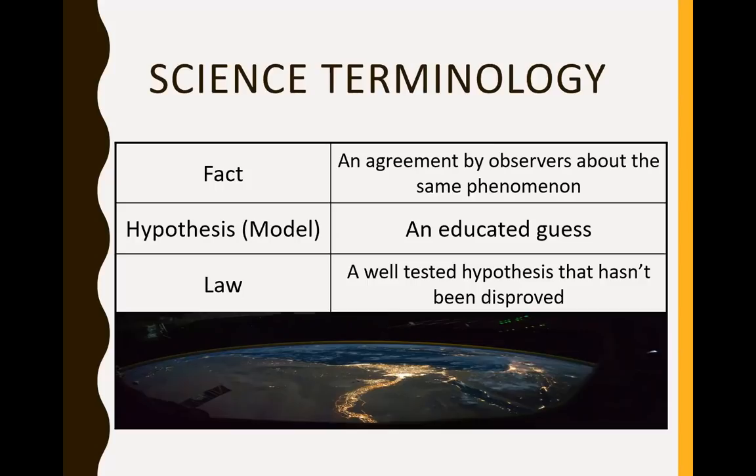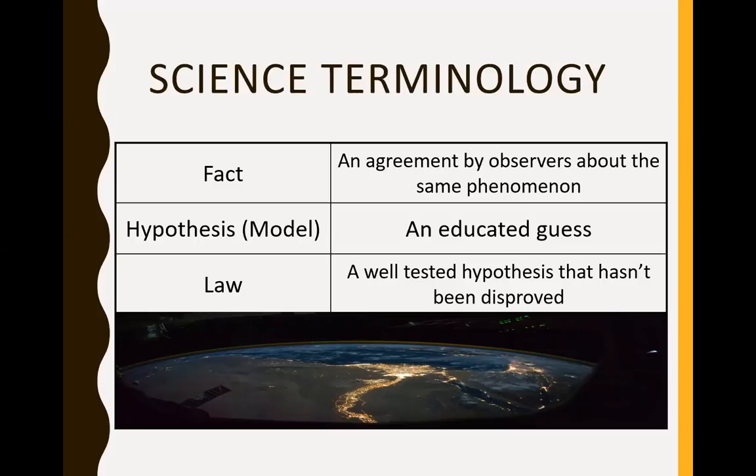Does the Earth look flat in this picture? Absolutely not. We can clearly see that the Earth is curved from this very, very high altitude point of view. So my hypothesis about the Earth being flat has been proven incorrect. It's wrong. So therefore, my hypothesis can't be considered a law because it's been disproved. End of story.